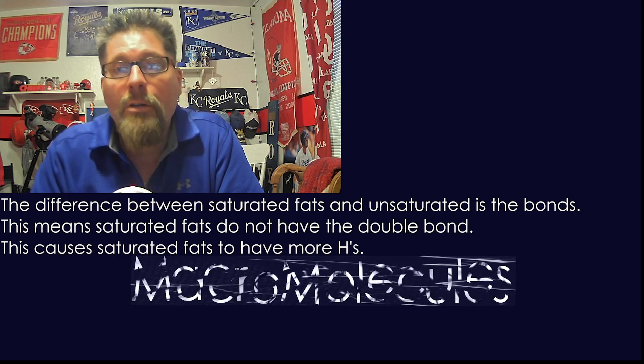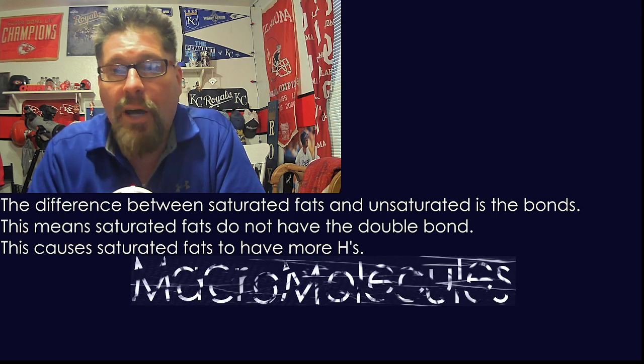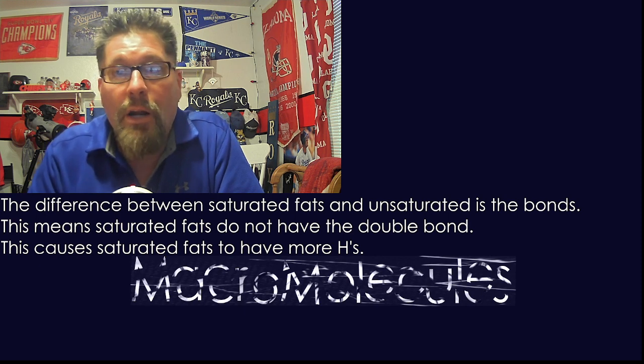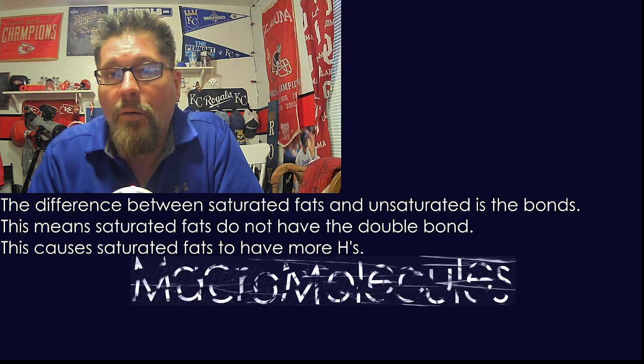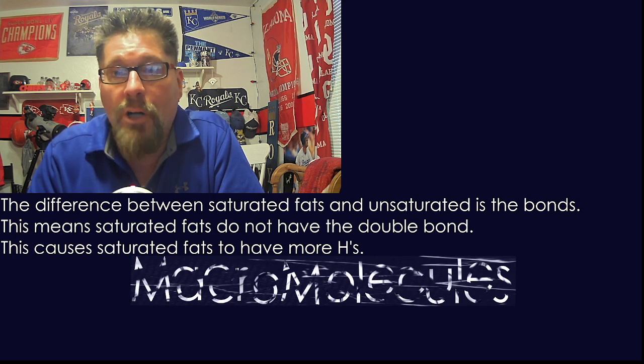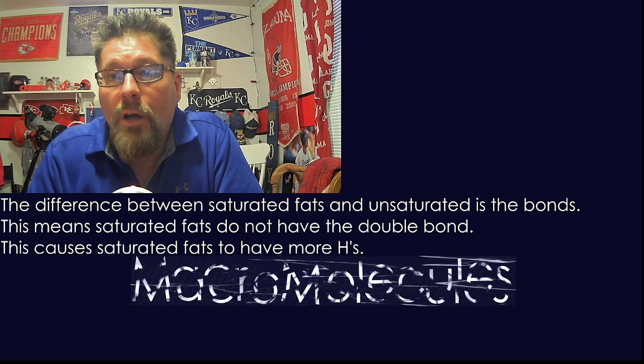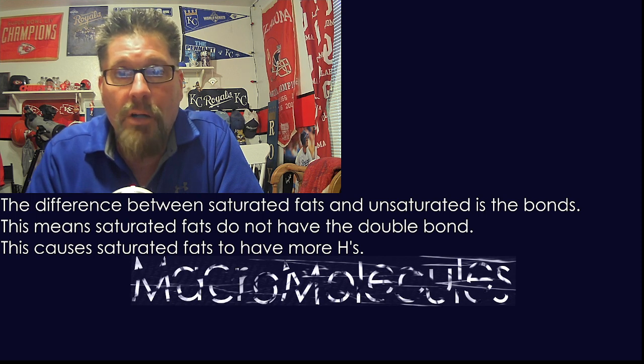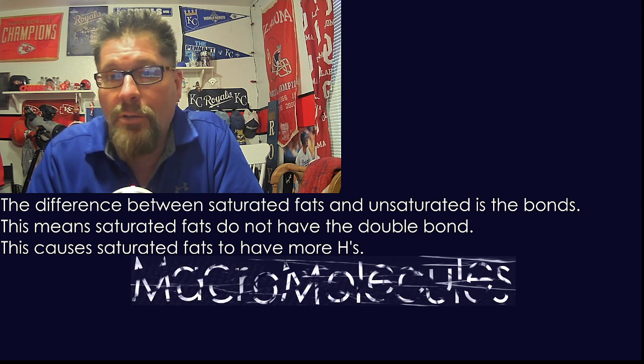All right, so when we're talking saturated and unsaturated fats, we just want to make sure that we recognize the differences. Of course, one's plant and one's animal, but we're talking about the chemical structure. So it's the bonds, or in this case the double bonds. Unsaturated has those double bonds, saturated does not.